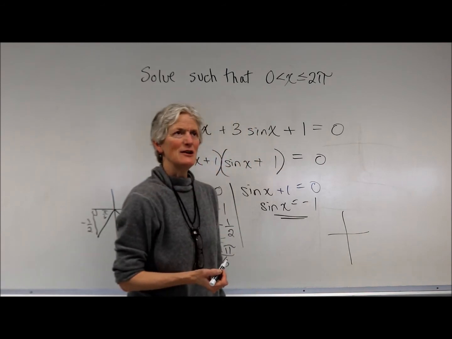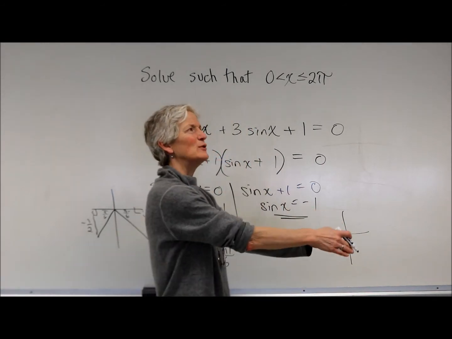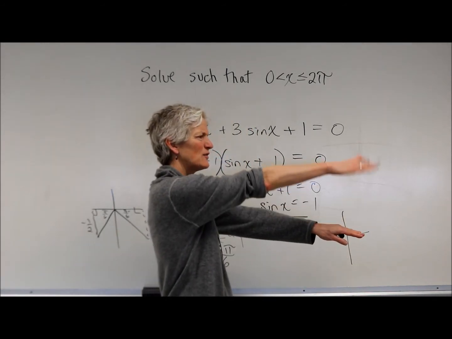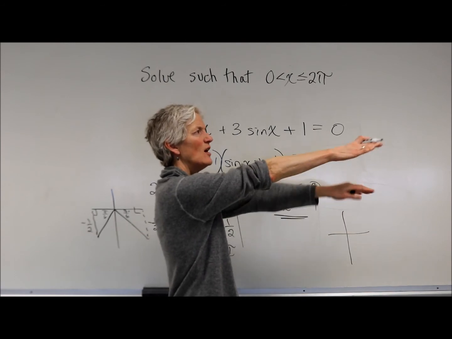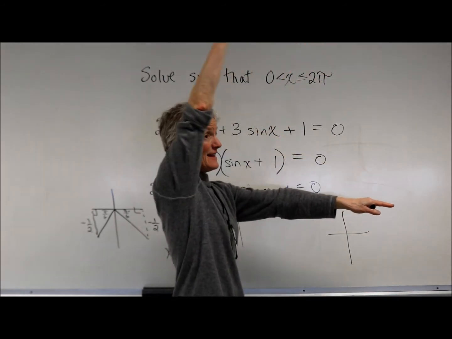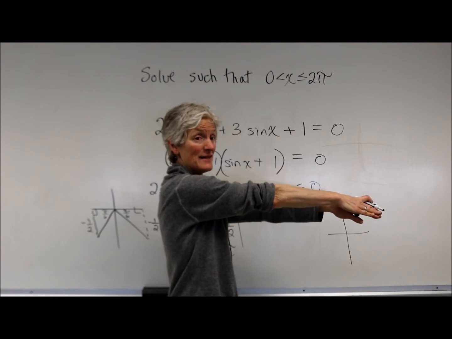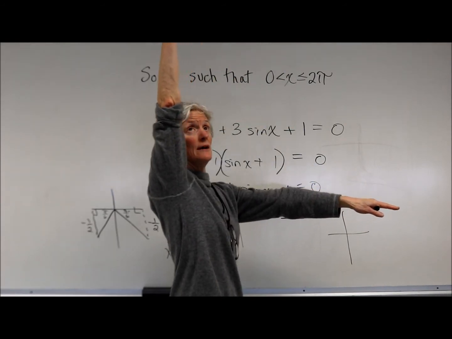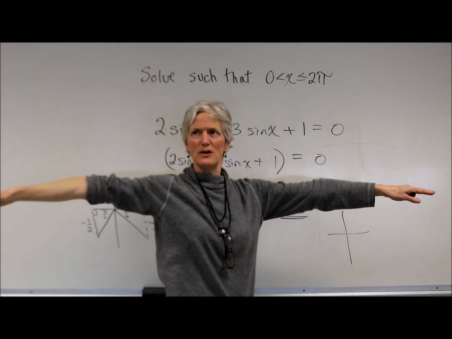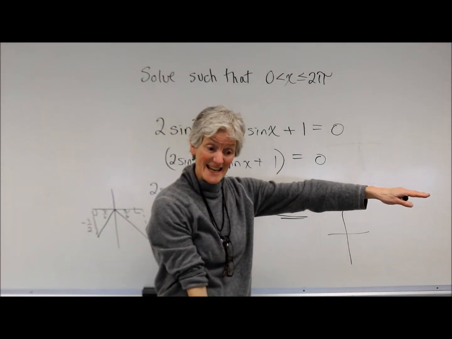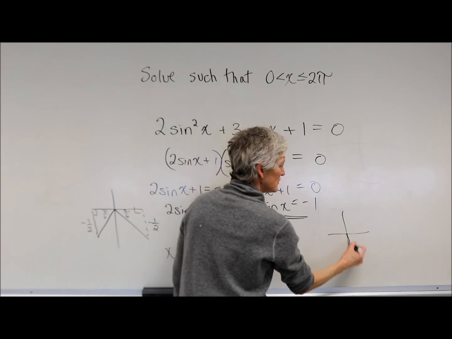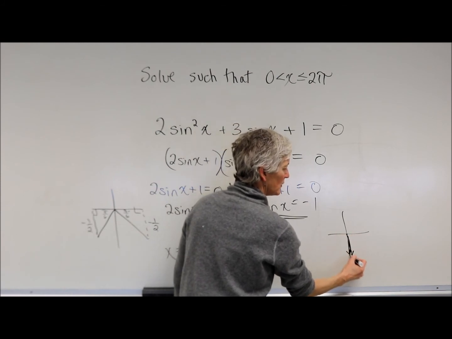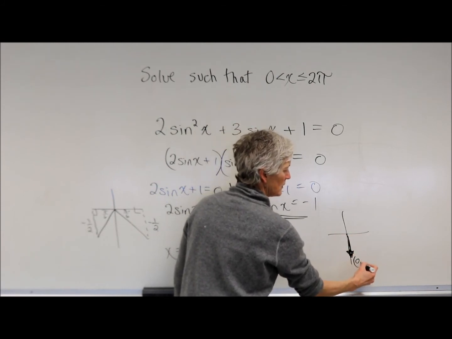Well, this is interesting. So my y value has to be -1. In a unit circle, if my rotating arm is 1, then that's got to be on one of the axes, right? Yes. Here, sine is +1. Sine is 0. Sine is -1. So sine is going to be -1 when I'm going straight down.